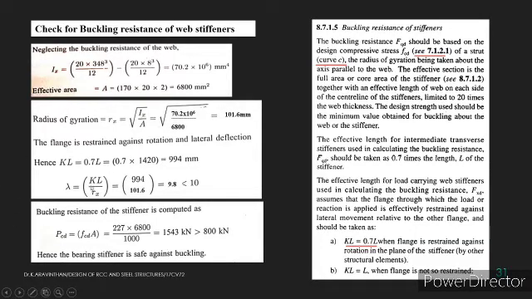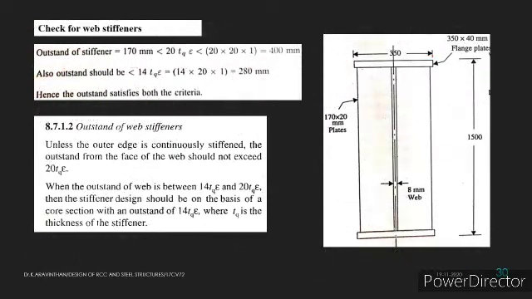Now we know KL. How to find this rx? r is the radius of gyration about the x-axis. To find the radius of gyration, you need the moment of inertia divided by area, and if you take the root of that, you will get the radius of gyration. How to find the moment of inertia?